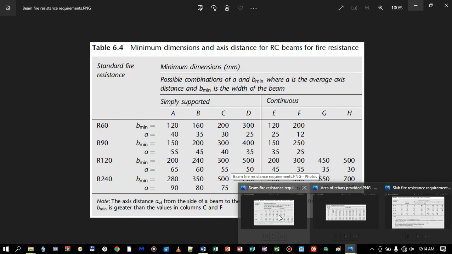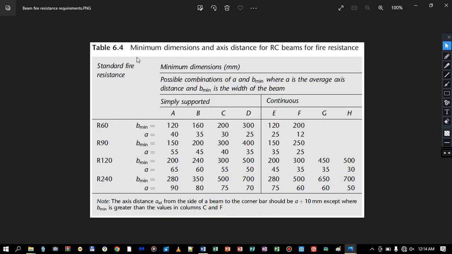To briefly show you, I was able to extract a table from that Eurocode, table 6.4. You can check it out, to show that our slab satisfies the requirements of 60 minutes. And since it's a continuous slab, the minimum rib width is 120 mm.